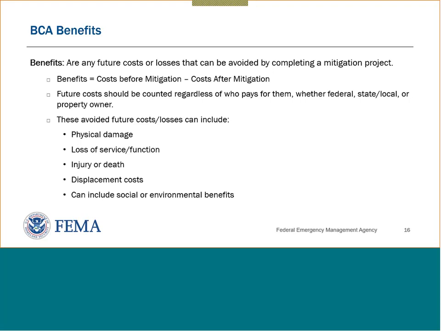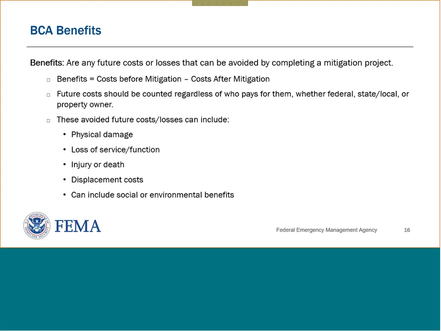Okay, and the costs should be counted regardless of who pays for them, whether it's the federal government, state, tribal, or the property owner. And avoided future costs and losses can include a variety of things, including physical damage, and that includes content damage, loss of service or loss of function, injuries or deaths, and those come into play for certain hazards and project types, and I think we might touch on that briefly a little bit later.